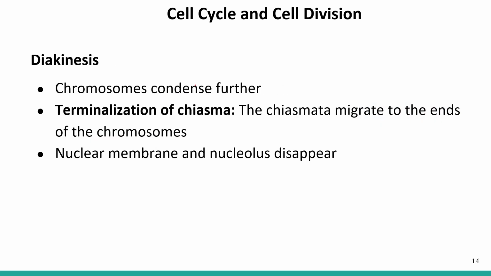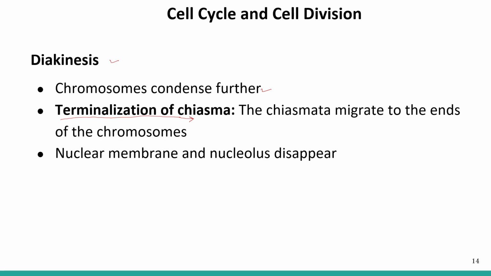The next stage and the last stage of prophase 1 is diakinesis. So what happens in diakinesis? Chromosomes are still condensing. They condense further. This is the most significant point here: terminalization of chiasma takes place during diakinesis.